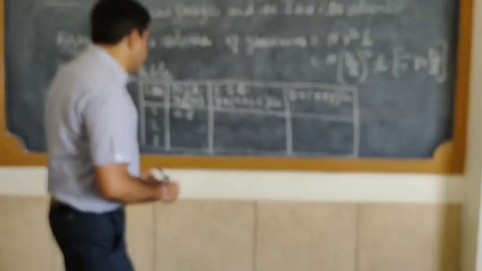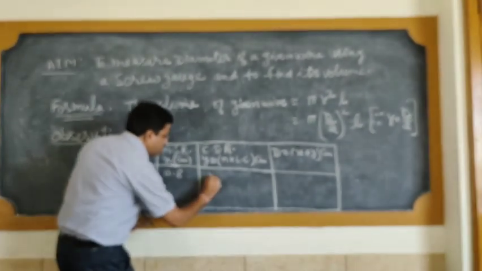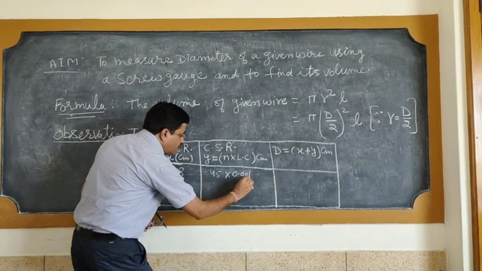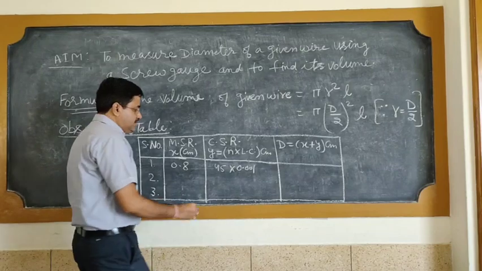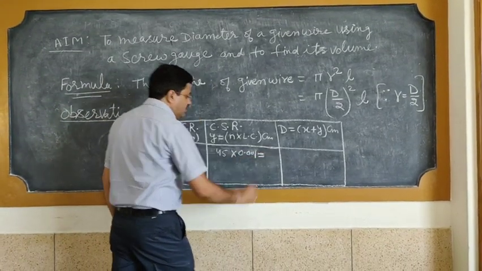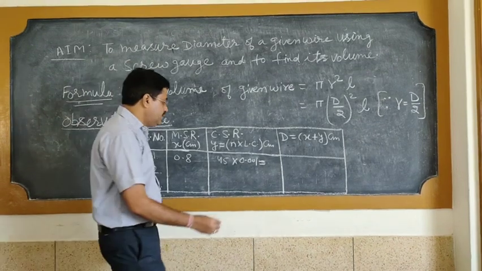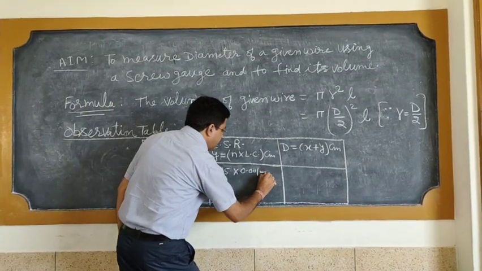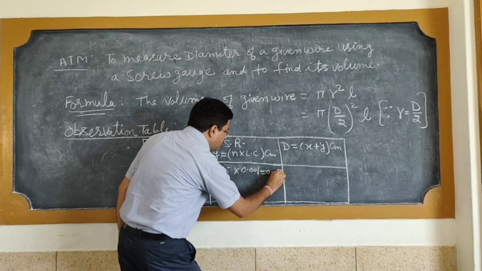So the value of n is 45. I can write this reading as 45 into 0.001. It becomes 0.045.